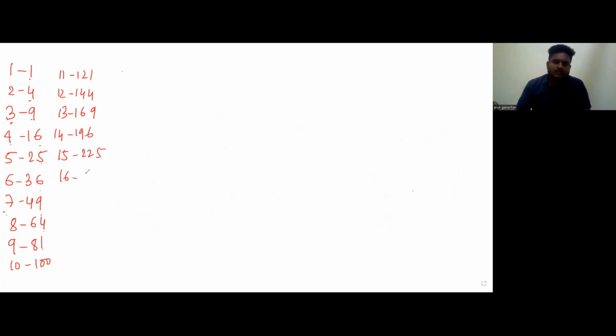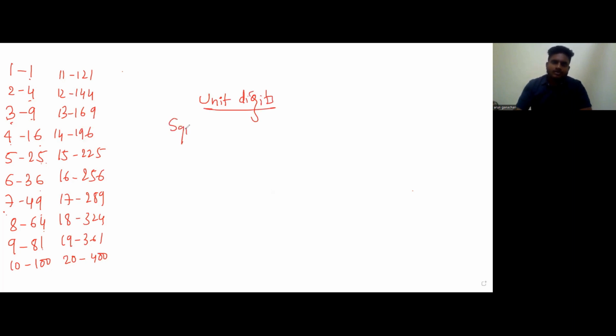Then we'll look at other methods of finding the square root also, because we want that too. Okay, now look at the unit digits. I write the heading as unit digits: unit digits in square and unit digits in square root.